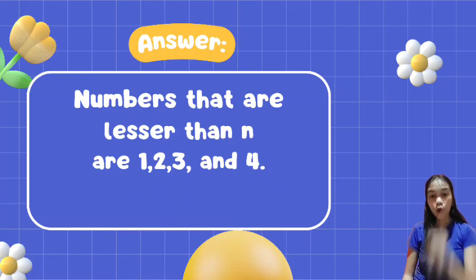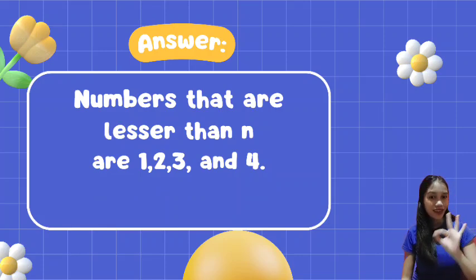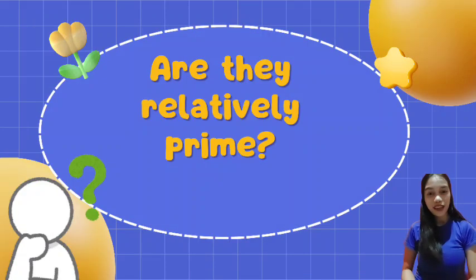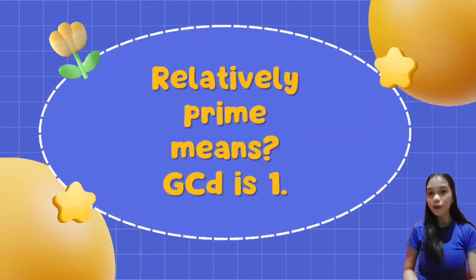So we have 1, 2, 3, and 4. After that, we will identify if these numbers are relatively prime to n, which is 5. Relatively prime means that their GCD, or greatest common divisor, is only 1.